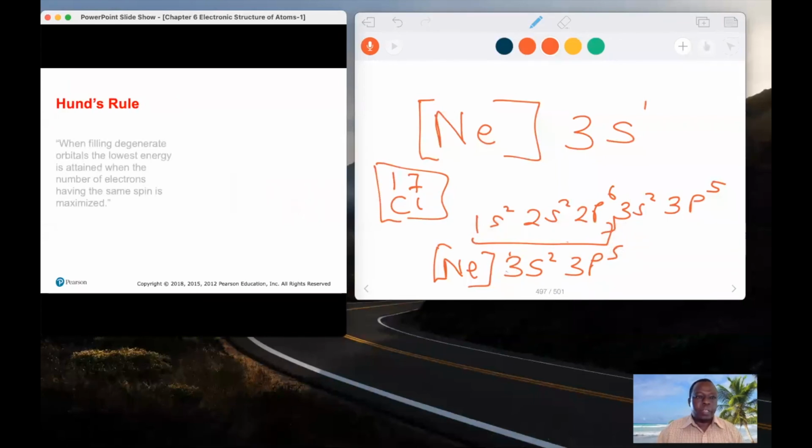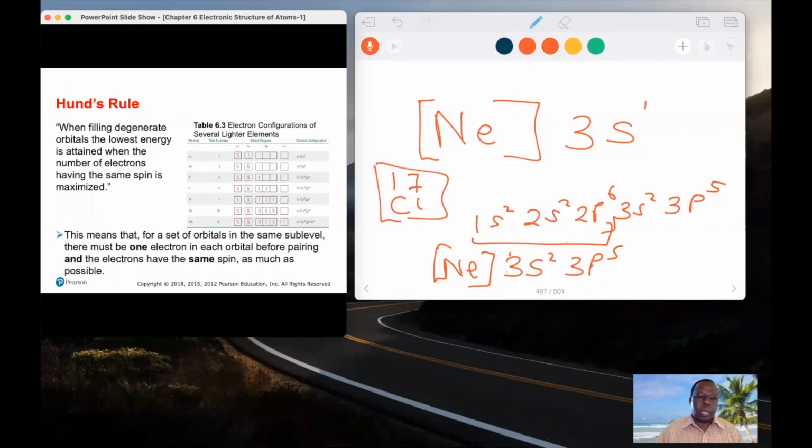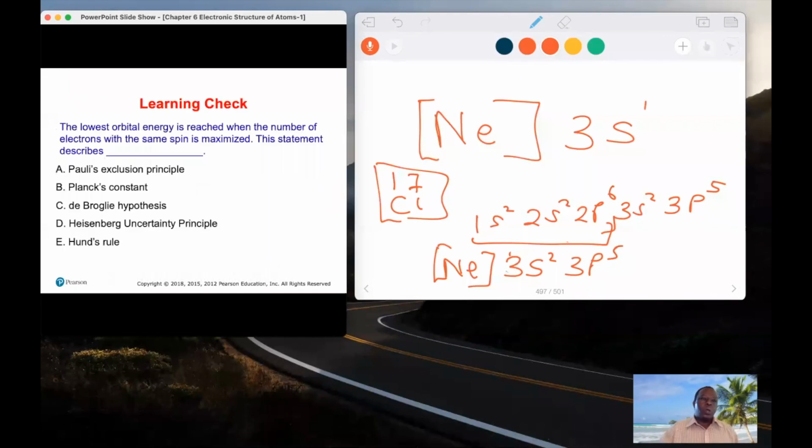As far as electron configurations are concerned, we have what we call the anomalies, but before that, let's see the learning check here. The lowest energy level is reached when the maximum number of electrons with the same spin is.